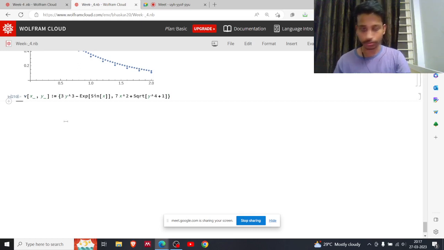So here I have defined a function v of x y that basically represents a vector field: 3y cube minus exponential e to the power sin x, and 7x square plus square root of y to the power 4 plus 1.